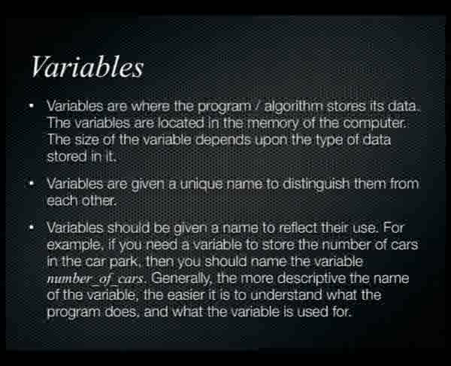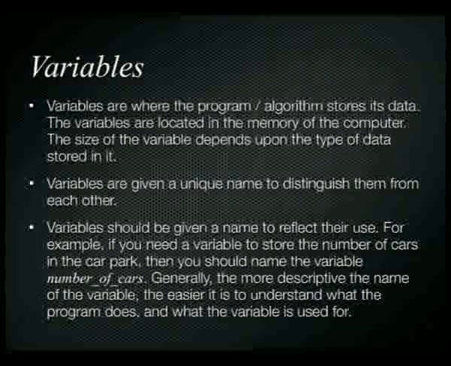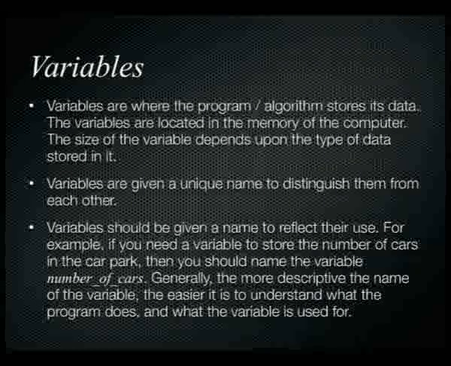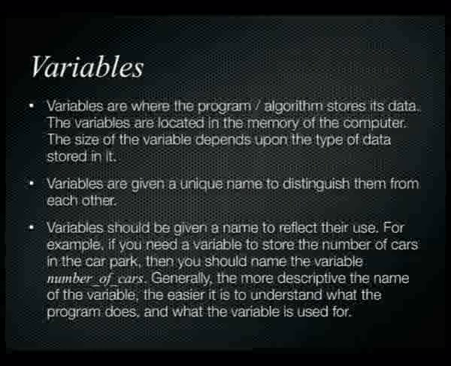So try to give them descriptive names. That makes it a lot easier for someone to read your flowchart or your code. And of course, the variable names that you've given in your flowchart have to propagate into your code. So when you look at your flowchart and you look at your code, there's a clear link and connection between the two.